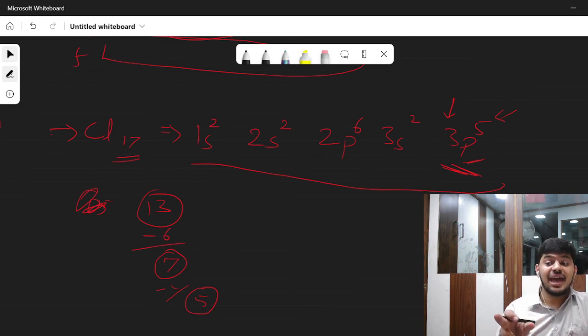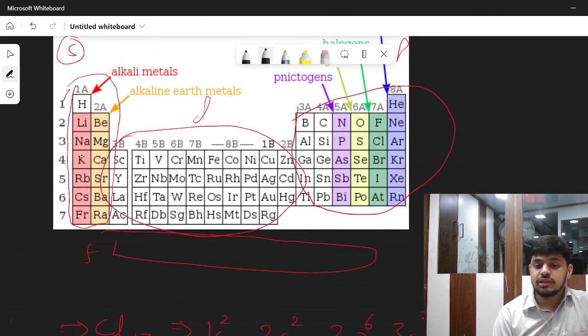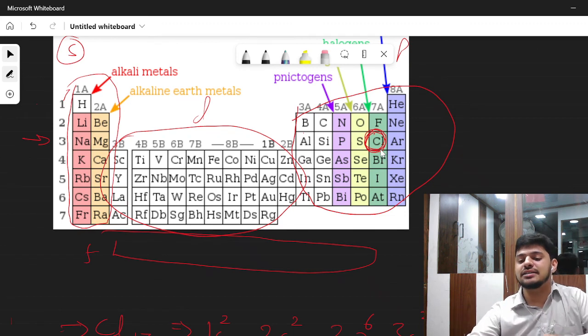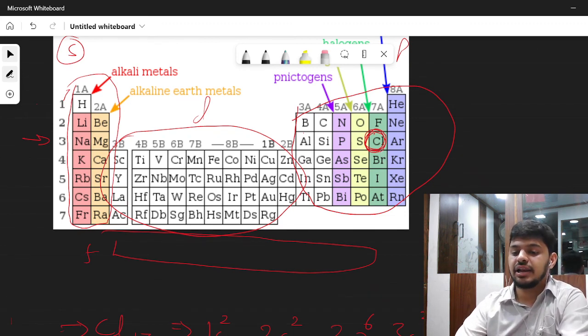When we check the periodic table, the third shell, p orbital, and which number? 5th number. Chlorine. Oh my god. That's why the periodic table is like this.